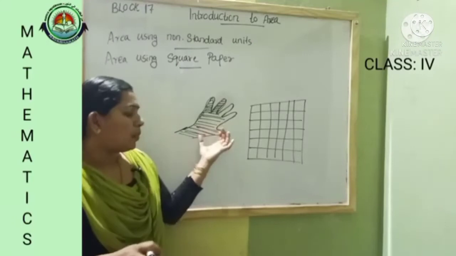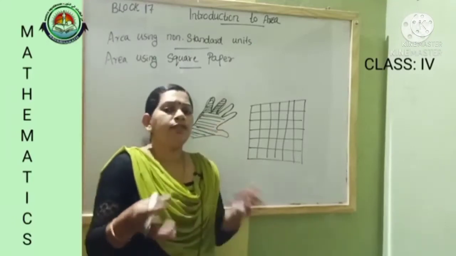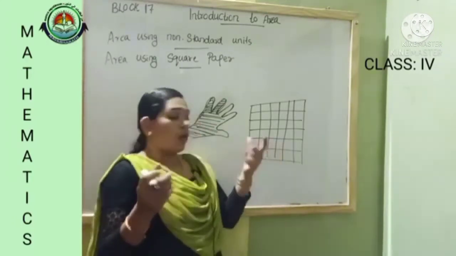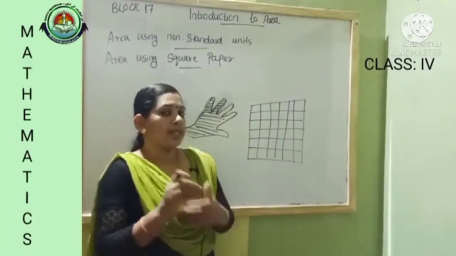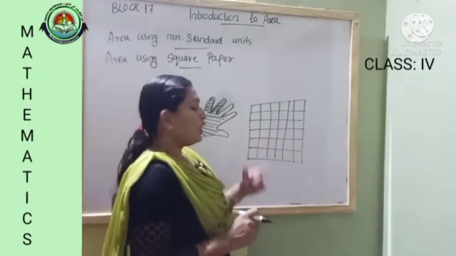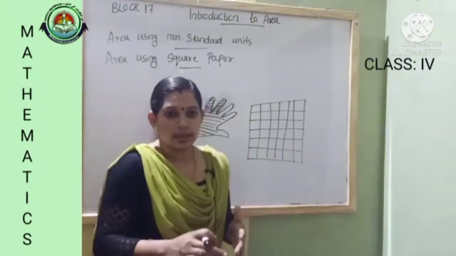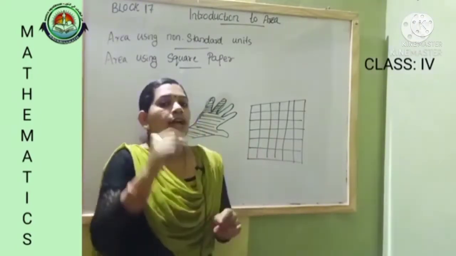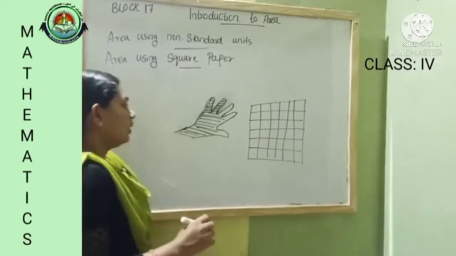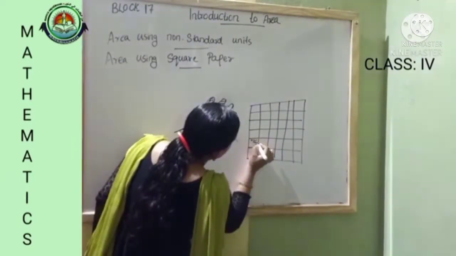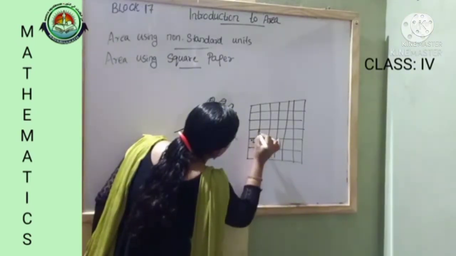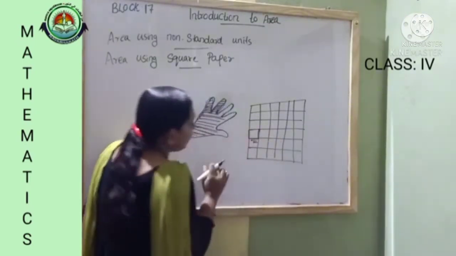With paper balls, all have different sizes, but in graph paper all squares are equal size. So this is 1 unit length. This length is 1 centimeter, this also is 1 centimeter. The square length is 1 centimeter.